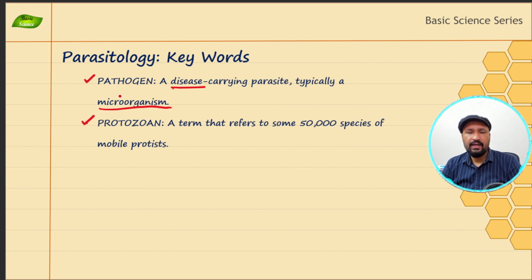So we are indicating those organisms as pathogens. Next is protozoan, a term that refers to some 50,000 species of the protists, right? So another term that is used, for organisms having specific features, is protozoans.